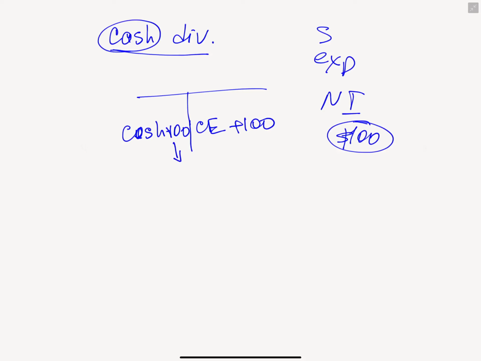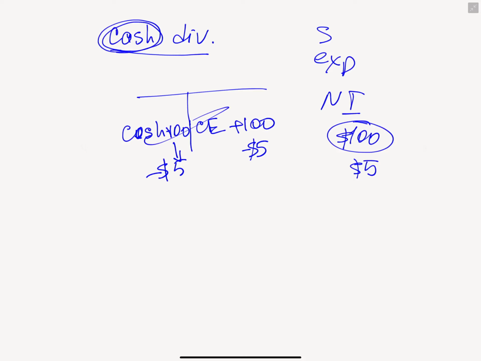Retained earnings in common equity will fall by $5, and the cash will fall by $5 because you distribute cash to the owners of the company. That's the cash dividend.